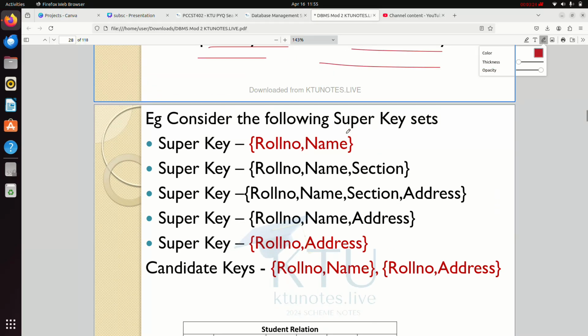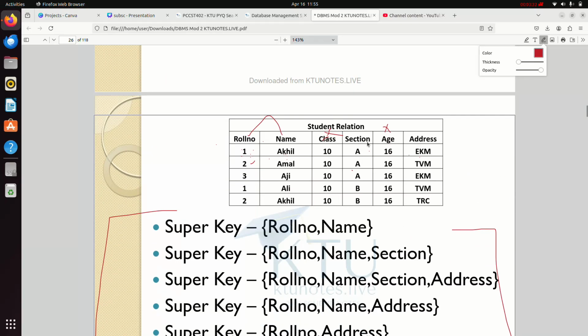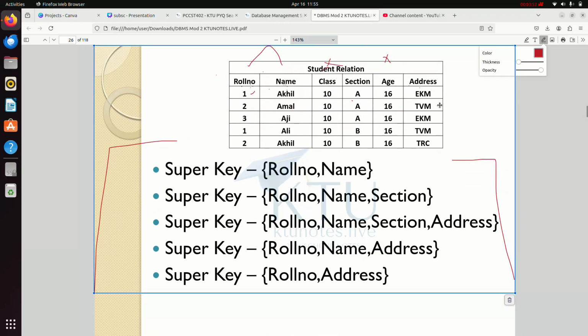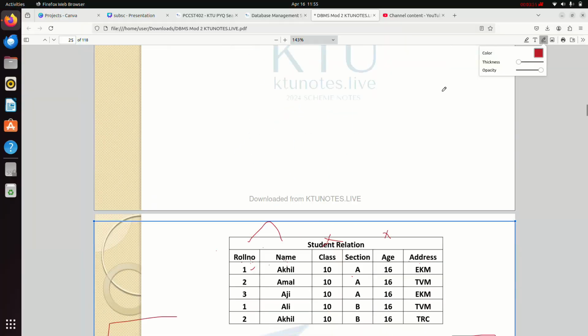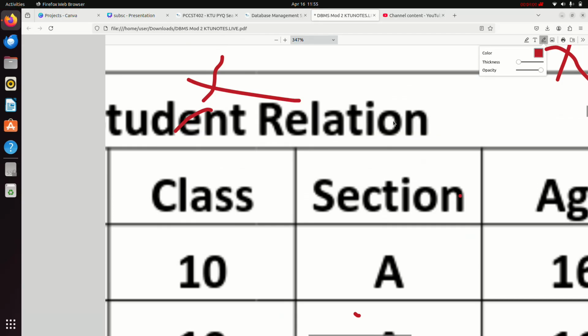So what are the possible candidate keys here? Roll number, name; roll number, address. What happens if I take roll number and section here? There are two roll numbers repeating, 1 and 1, in sections A and B. It's fine. Now 2 and 2, the sections are A and B. We can take roll number and section also.